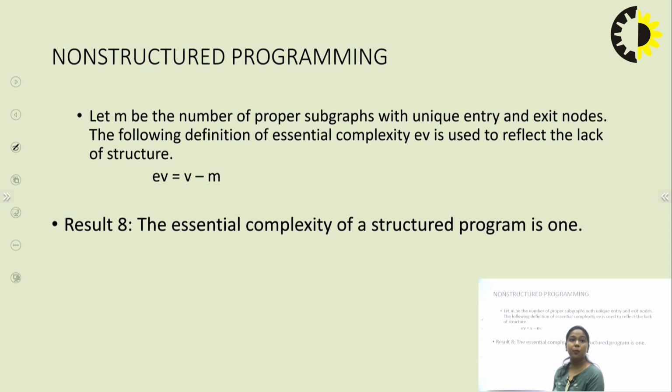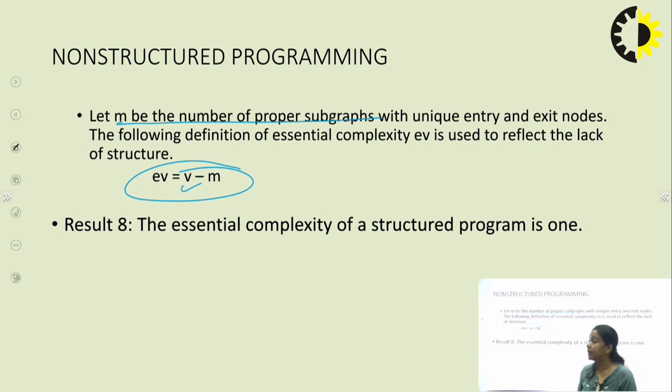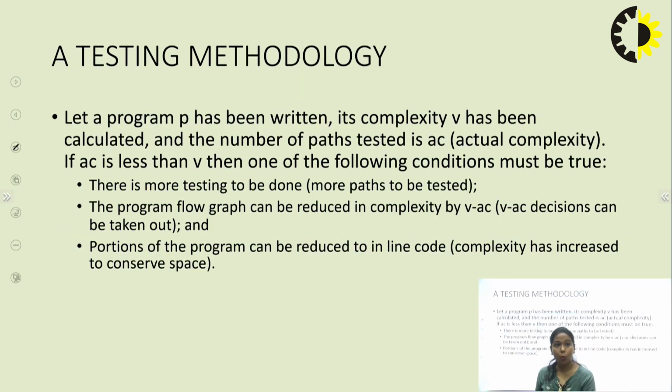The non-structured program has M as the number of proper subgraphs out of the single graph. And the definition is given with the help of this, where V represents the number of nodes or vertices, and E represents the edges. The essential complexity of the structured program is always 1.